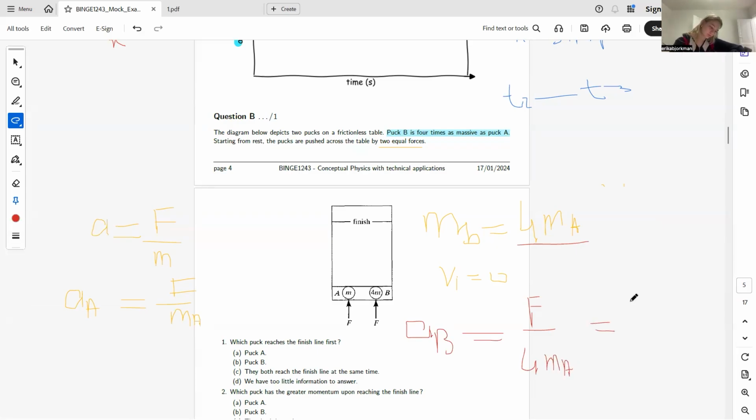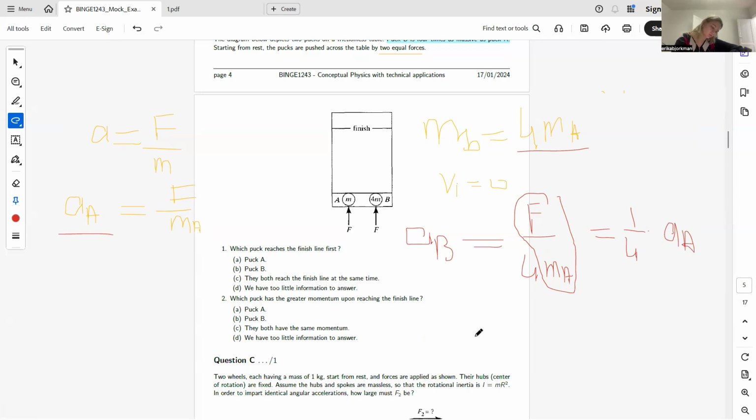Or I can write it 1 by 4 dot this term F over MA, which represents the acceleration A. I can write it AA. So we can write AB is equal to AA by 4.